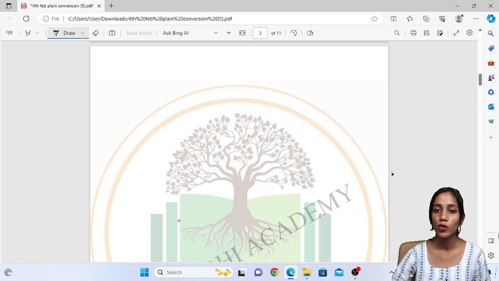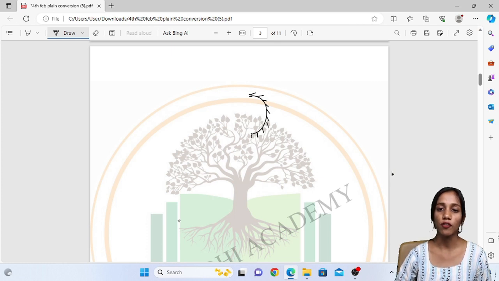So I will draw the mirror. Which mirror is this? The reflecting surface is curved inwards, so this becomes the concave mirror. Now the center of this mirror is called the pole. It is given by the letter P, P for pole.